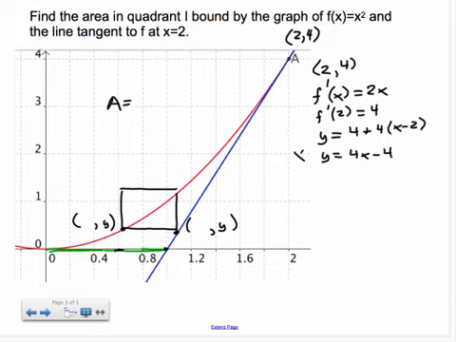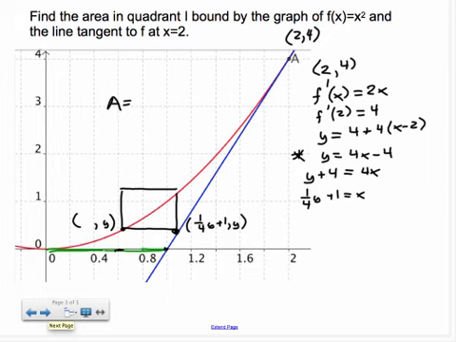Here's the tangent line's equation over here. So if I solve this for x, I get y + 4 = 4x. Divide both sides by 4, and we get (1/4)y + 1 = x. So the coordinates of this point here are ((1/4)y + 1, y). And then what's the x-coordinate going to be over here?